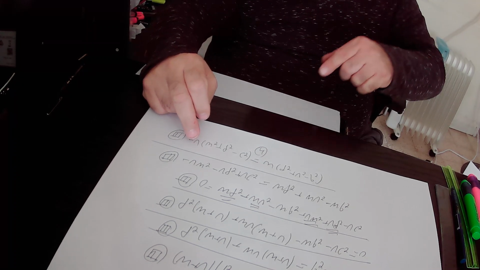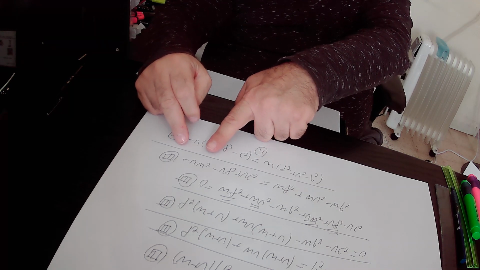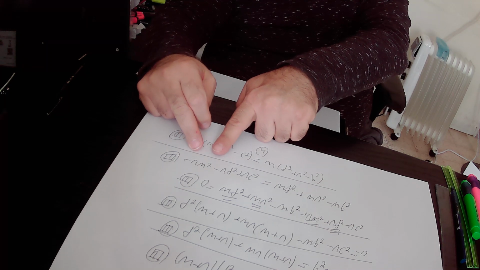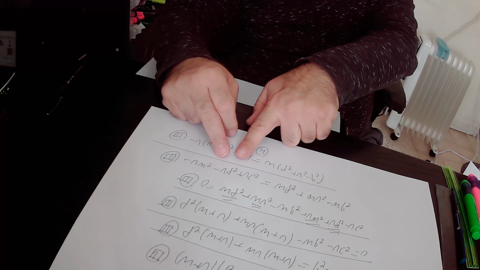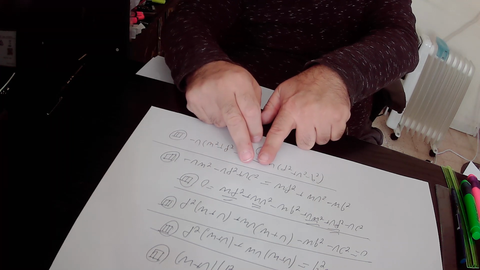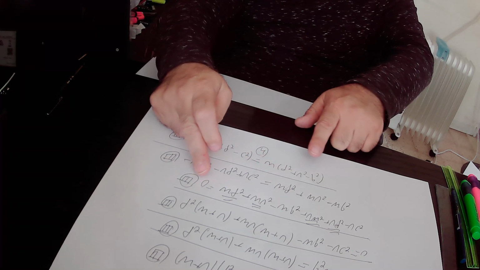Then we added to this equation number 3 nm squared. Nm squared minus nm squared is 0. We added nd squared, nd squared minus nd squared is 0, and we subtracted nc squared. So nc squared minus nc squared is 0. So in this side of the equation we are left with 0, with nothing.